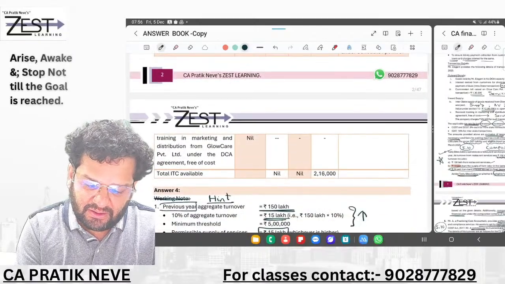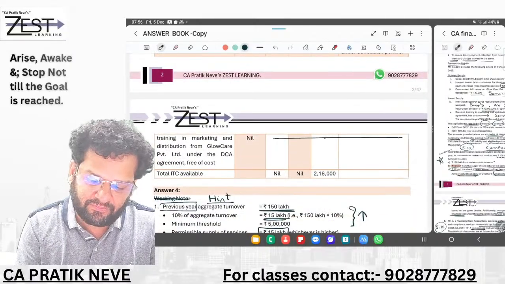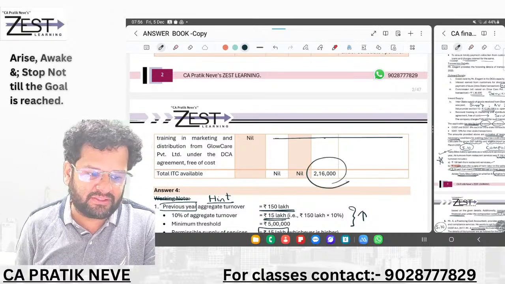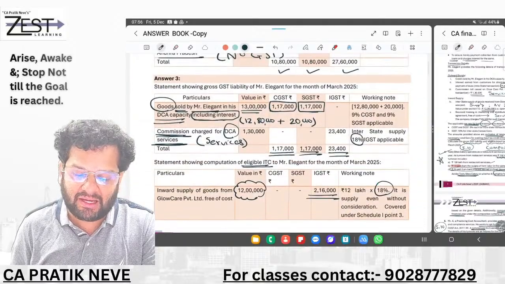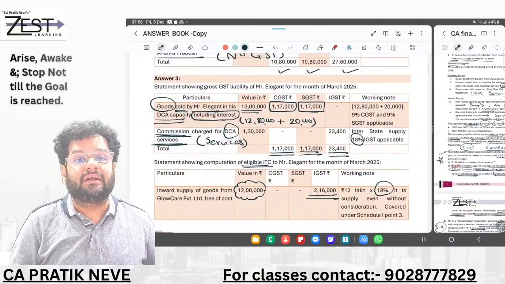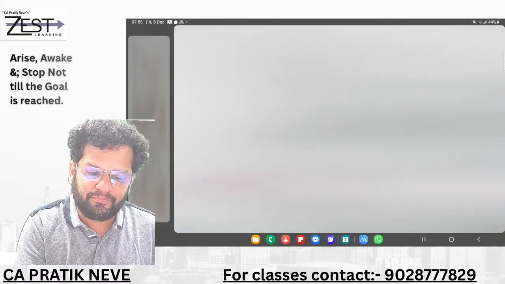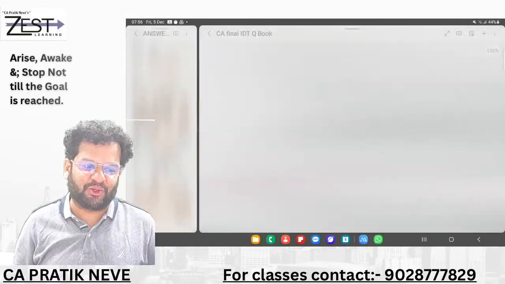That's it. Nothing on services which are received from the principal. So 2 lakh 16,000 is total ITC that would be available. It is not asked to you to calculate net GST. Clear? So not doing that.